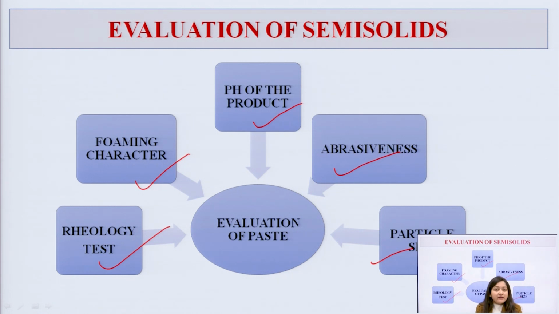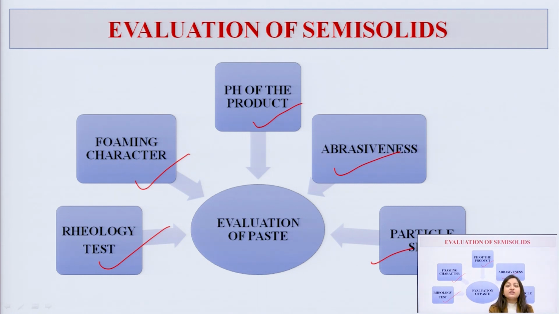Next test is the particle size test. Particle size test is an important test because we want our product to remain intact throughout its shelf life. If the particle size of the product does not remain the same, then there are chances that agglomeration has occurred, and clots, clumps and lumps are formed.